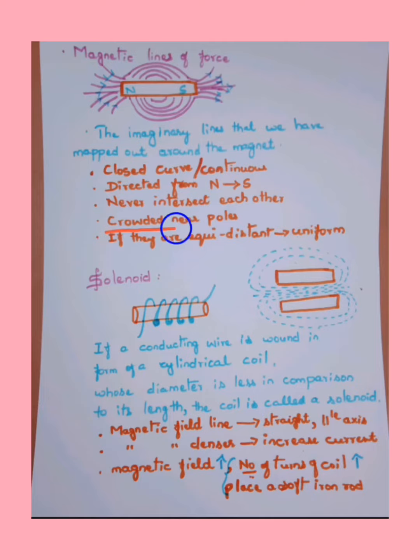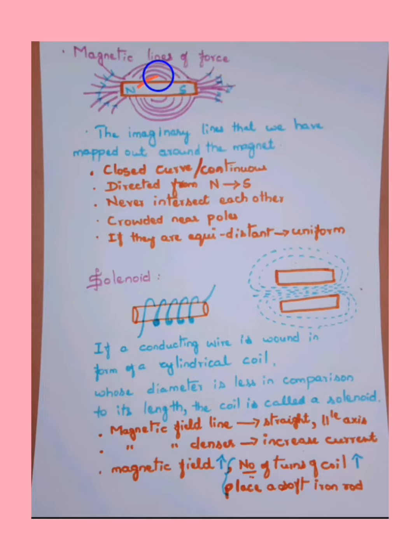Then they are crowded near the poles. Here you can see many magnetic field lines. Why is it so? Because the strength of the magnet near the poles is greater.